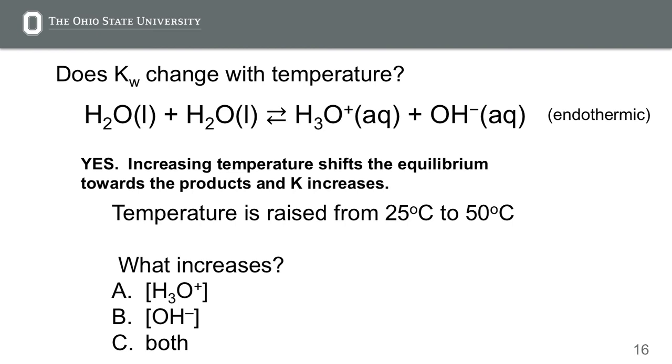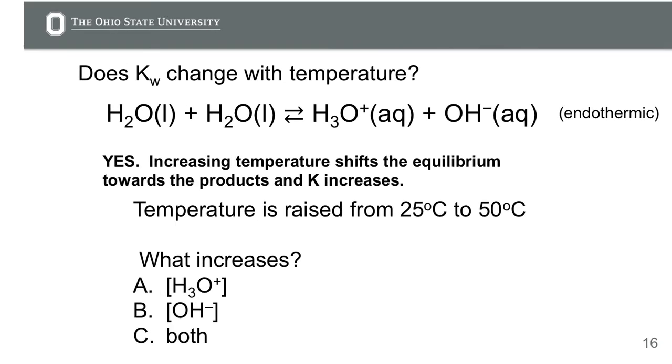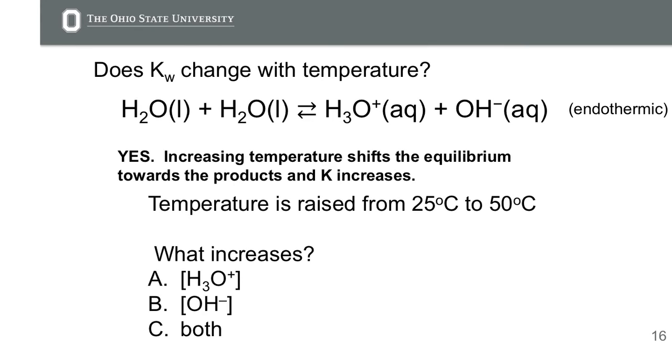Let's take a look at this reaction. It's known to be an endothermic reaction, meaning it requires heat to happen. We saw this with Le Chatelier's principle. We said that it's useful to include heat as either a reactant or a product for an equilibrium when thinking about the effect of temperature on that equilibrium.